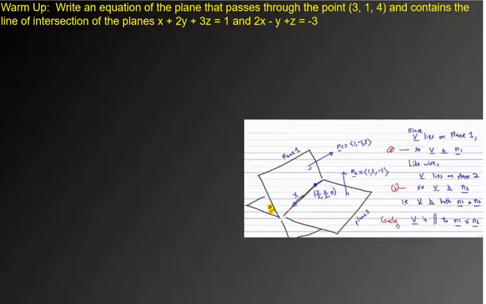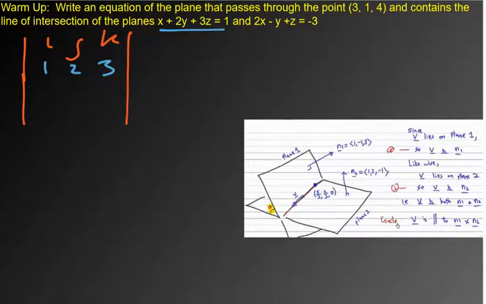So we've got i, j, k, and then the normal vector for, say, this plane is (1, 2, 3). And for this one, it's (2, -1, 1). And so if we do our cross product out, we're going to have 2 plus 3 times i hat.